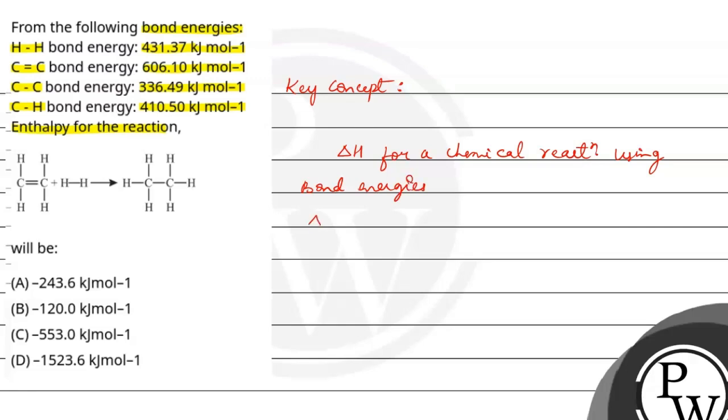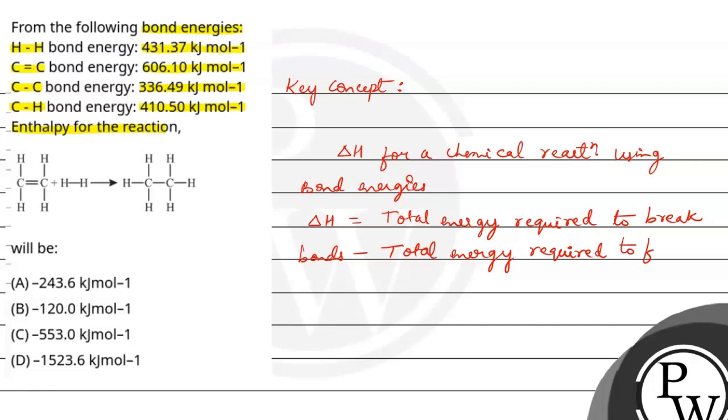And enthalpy change is determined by the formula: total energy required to break bonds minus total energy required to form bonds.